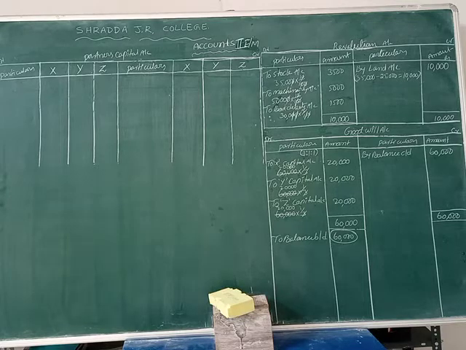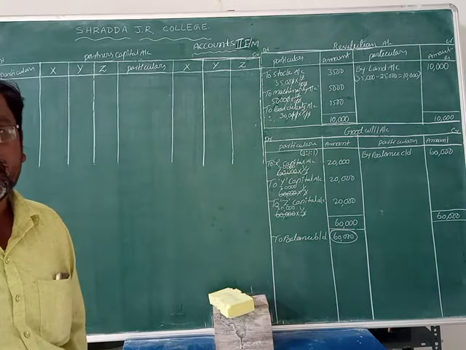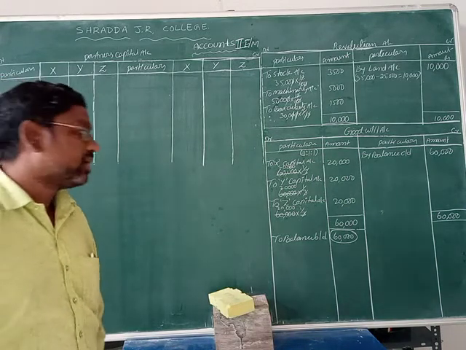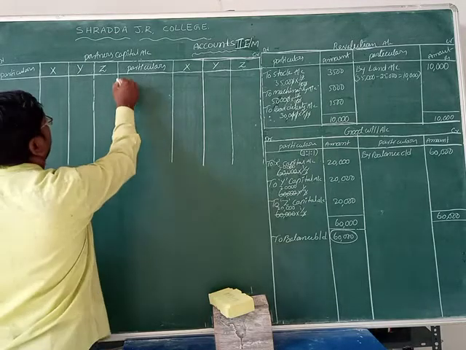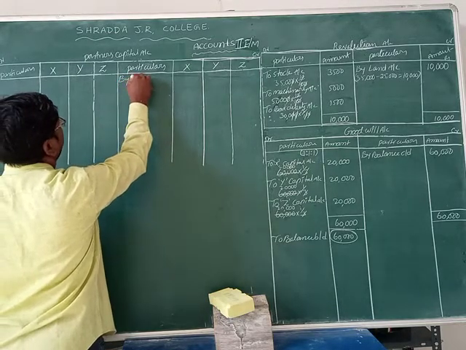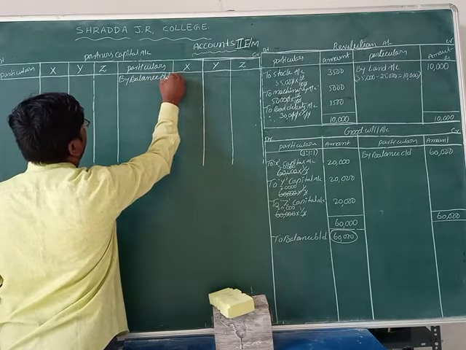In this partners capital account, the opening balance we record on which side? Credit side, students. Why? Because it is a personal account. That's why we record the opening balance on the credit side. How do we record that? By balance brought down.